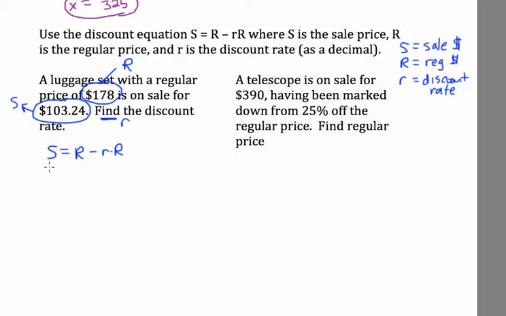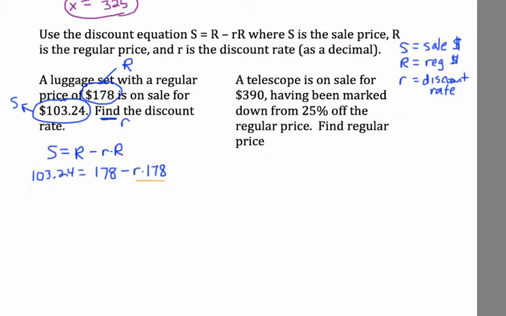Let's fill in the pieces we know. We know that S is 103.24. And big R is 178. Now let's take a look at this piece right here.